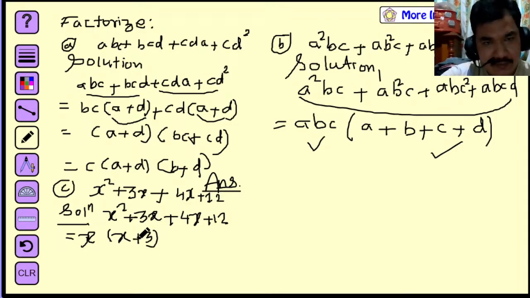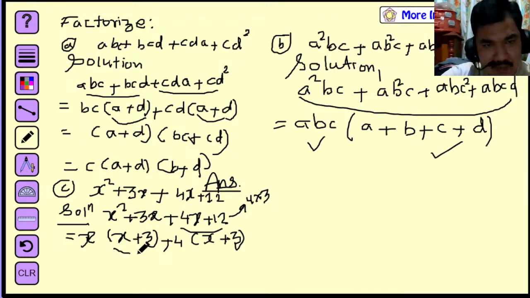Now let's take common from these two terms. 4 is common, because 12 is 4 into 3. If you take 4 common here, what is remaining? x plus 3 is left here.